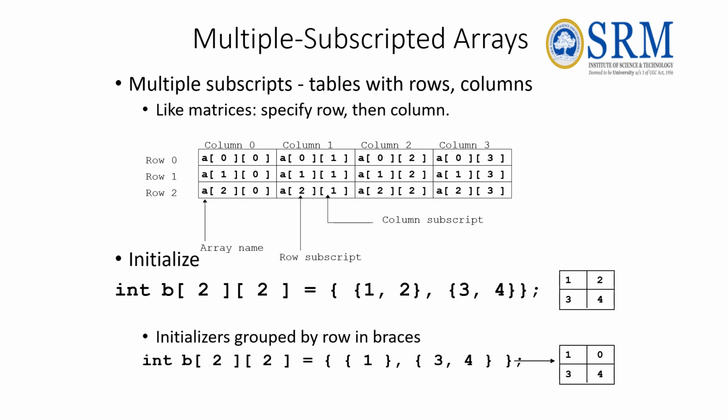So next one is multiple-subscripted arrays, that is the multi-dimensional array. So what are multi-dimensional arrays? When you work with more than one row and more than one column, representing a table of values arranged in rows and columns, it is said to be a multi-subscripted or multi-dimensional array.